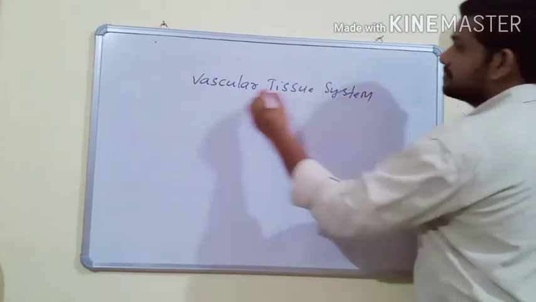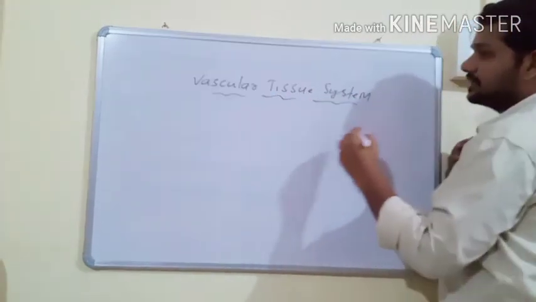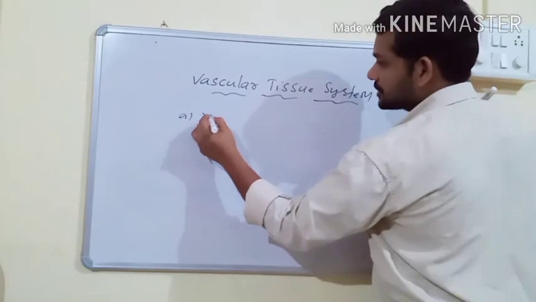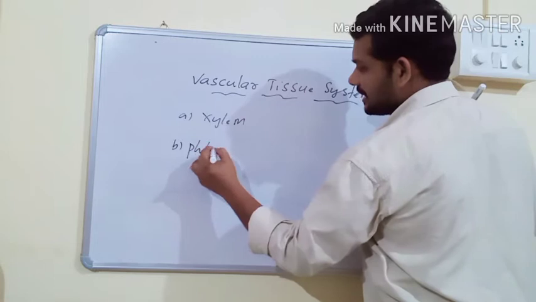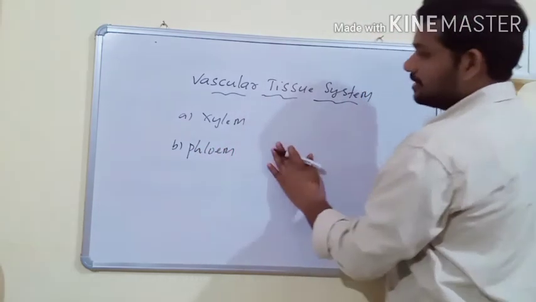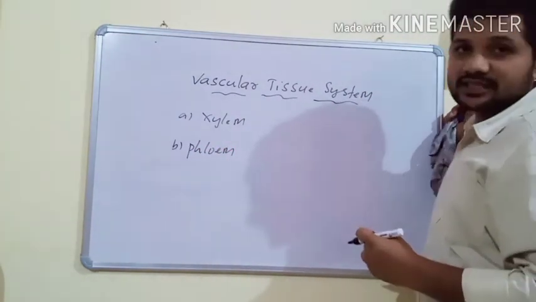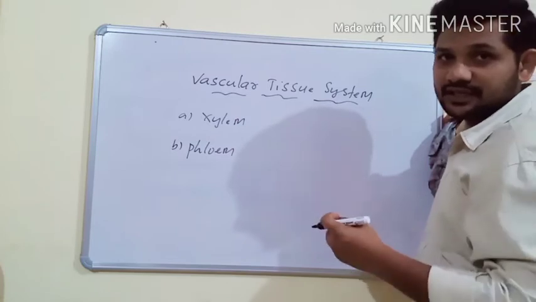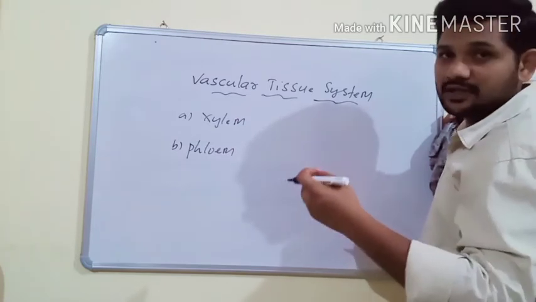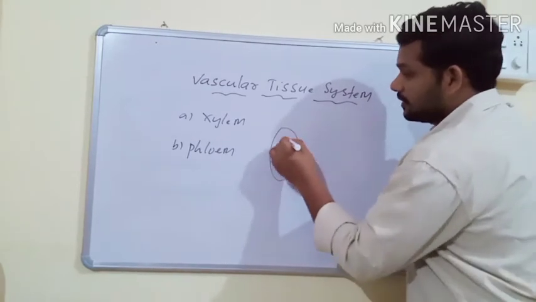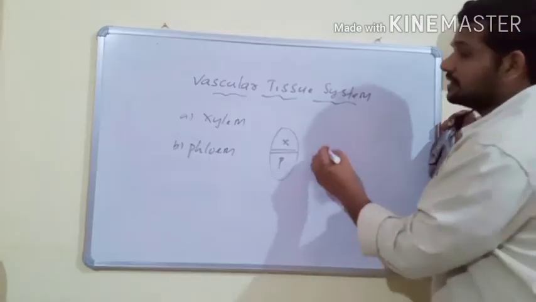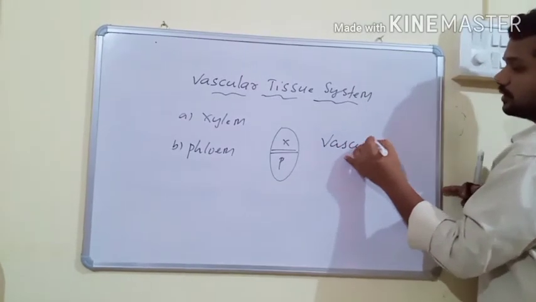This tissue system consists of two conducting tissues, xylem and phloem. Xylem and phloem are separately known as conducting tissues because they help in conduction of water, minerals and food material. When xylem and phloem are together, they are called vascular bundles.